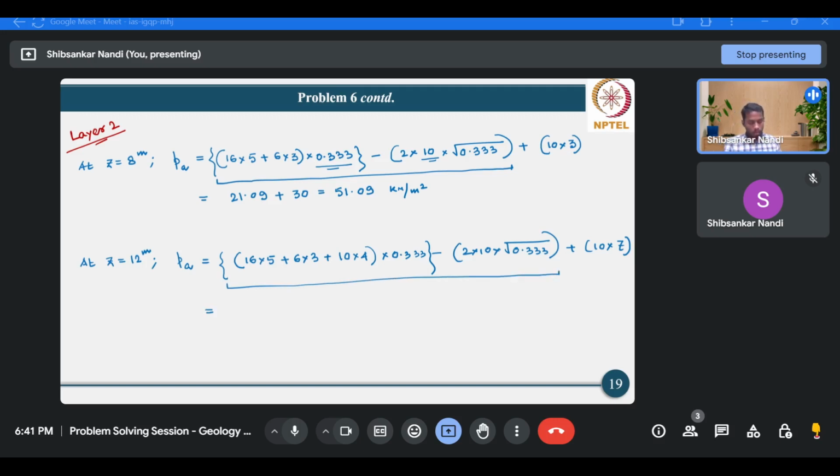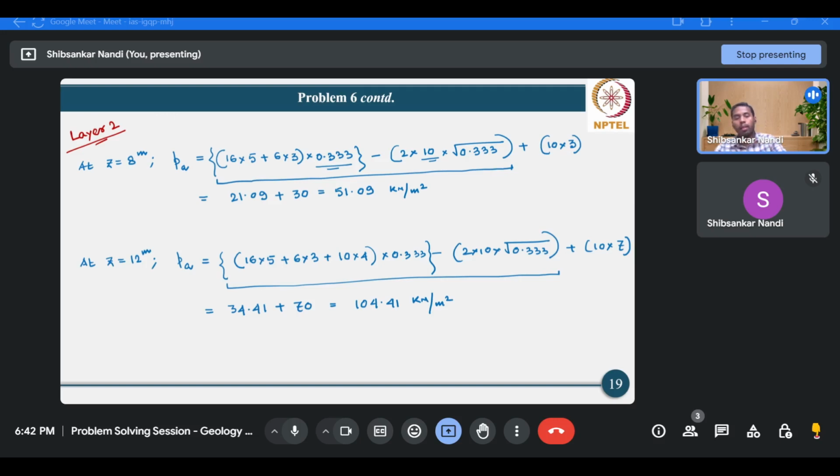So 16 into 5 plus 6 into 3 plus 10 into 4 multiplied by 0.33 minus 20 into 0.33. So it's 34.41 for the first two components plus 70, that means 104.41. Okay, this way, we have calculated the active earth pressure at the significant levels.